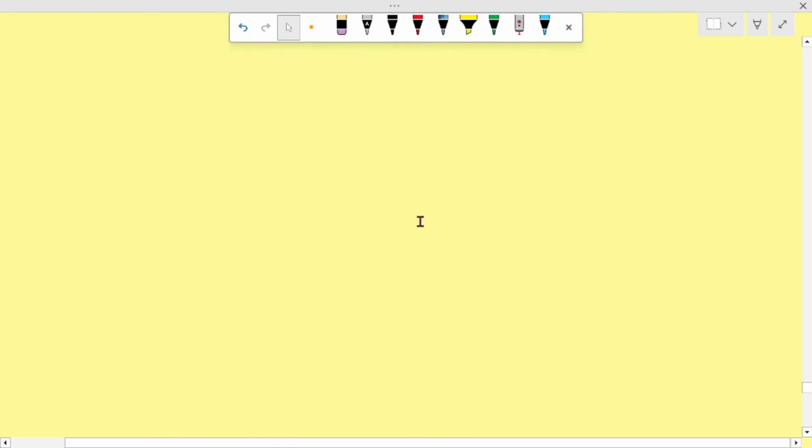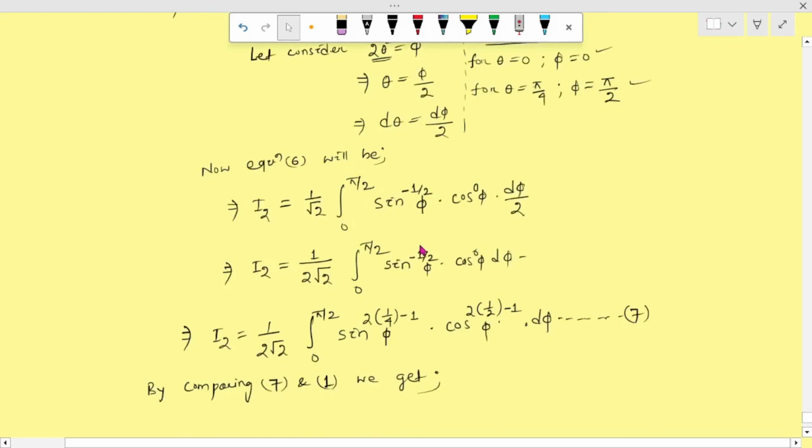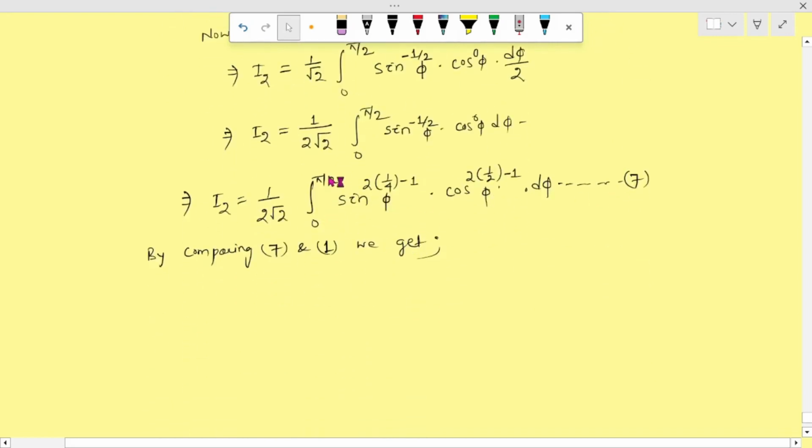In equation number 7 we have exactly the same format, 0 to pi by 2. Here 1 by 4 is nothing but your p, so the p value is 1 by 4. Comparing with equation number 1, q is your 1 by 2.